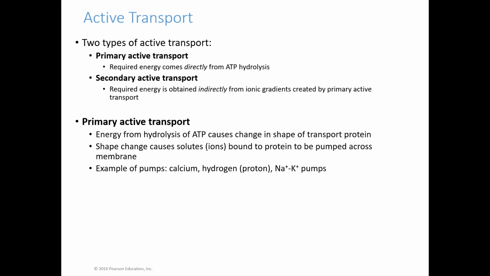Acid reflux is based on high levels of hydrochloric acid in our stomach moving up into our esophagus and burning the layers of the esophagus. And most of our reflux medications are what we call a proton pump inhibitor. They shut down the proton pump.